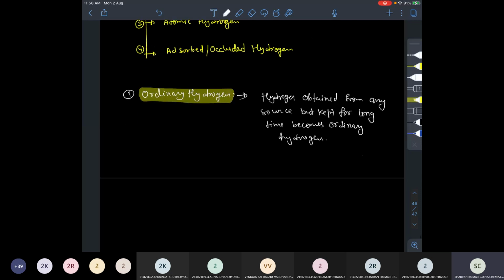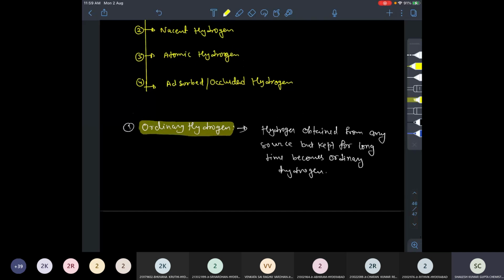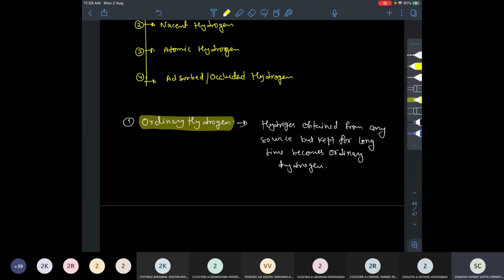Like if you are obtaining hydrogen directly from the air and you are storing it, that is also a normal hydrogen. Okay, let's talk about nascent one and we'll look at the difference between these two.